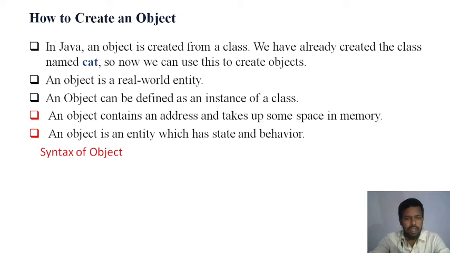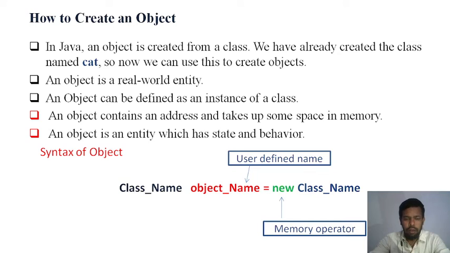Okay, the syntax of the object. First, we mention the class name, followed by the object name. Object name is a user defined name, which means the user can create the object.